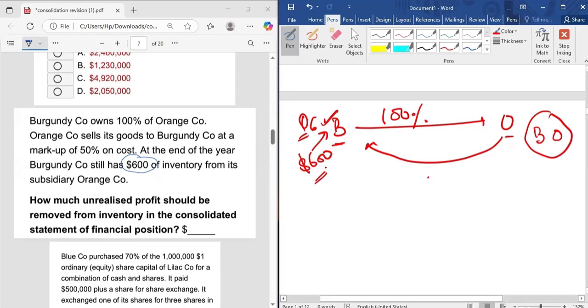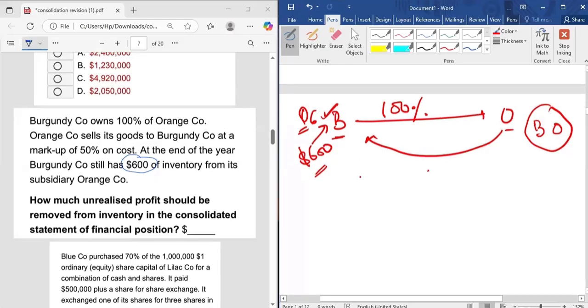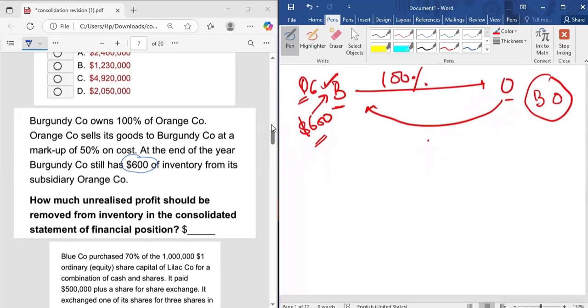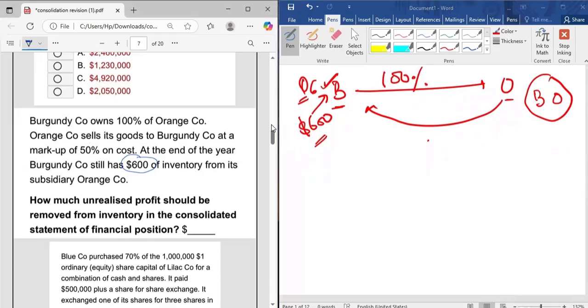Now first let us find, just a second. So see, it sells to Burgundy Company at a markup of 50% on cost. See, markup is always on cost. They have also given here on cost, but even if it's not written, learn that markup is always on cost.